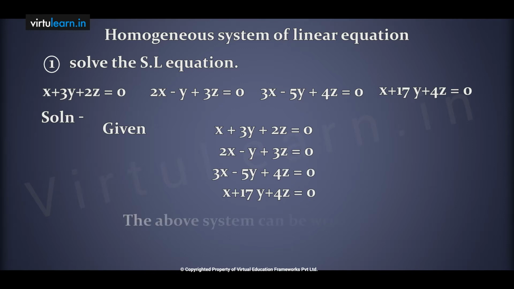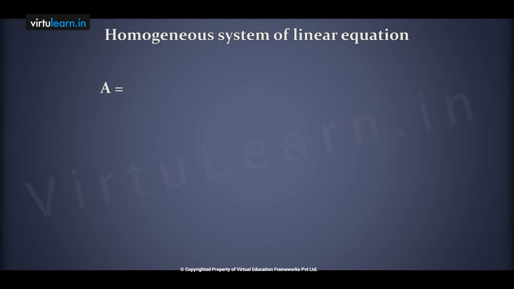The above system can be written as Ax equal to b, where A is the coefficient matrix. Observe this one: 4 equations in 3 variables. A equals the coefficient matrix [1, 3, 2; 2, minus 1, 3; 3, minus 5, 4; 1, 17, 4].